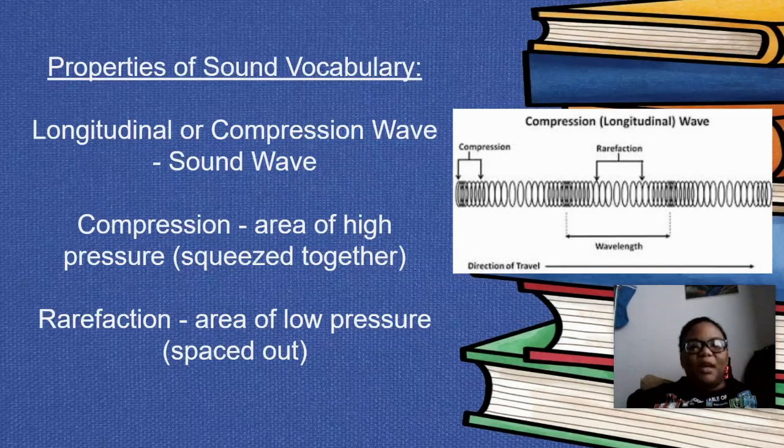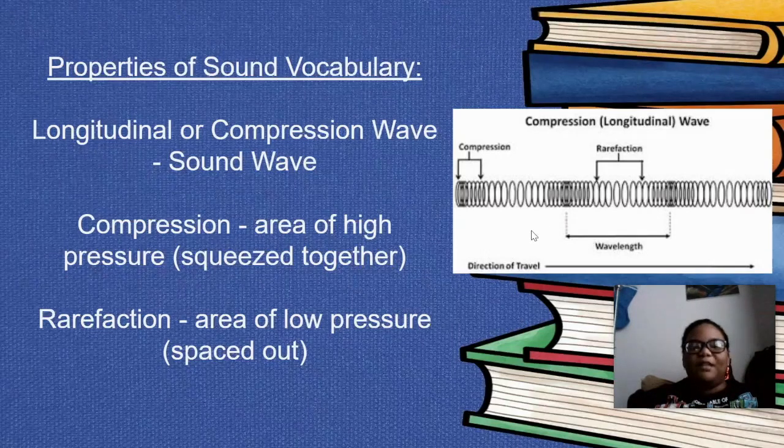Sound waves are longitudinal or compression waves, as you can see to the right of the screen. Compression waves have two main parts: the compressions, where the wave is squeezed together, and the rarefactions, where the wave is spread out or there's an area of low pressure.